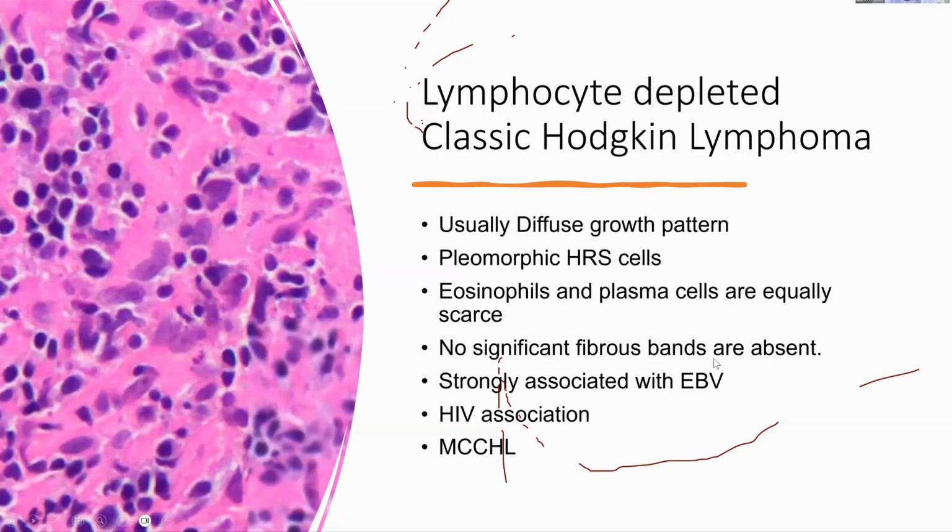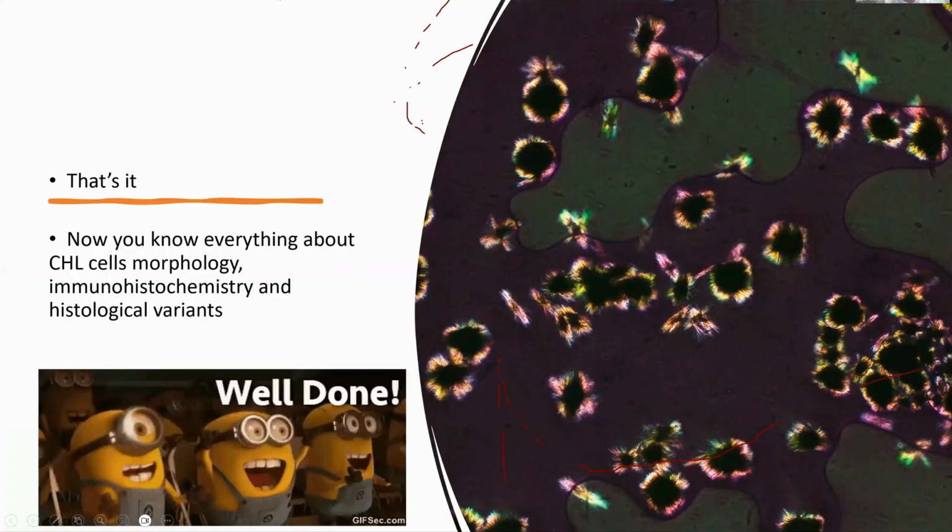There is a strong association with EBV and HIV, and it's thought to be a spectrum with mixed cellularity classic Hodgkin lymphoma: when the mixed cellularity loses more cells with more fibrosis, it will become lymphocyte-depleted Hodgkin lymphoma. So congratulations, now you know everything about morphology, immunohistochemistry, and histological variants of classic Hodgkin lymphoma.